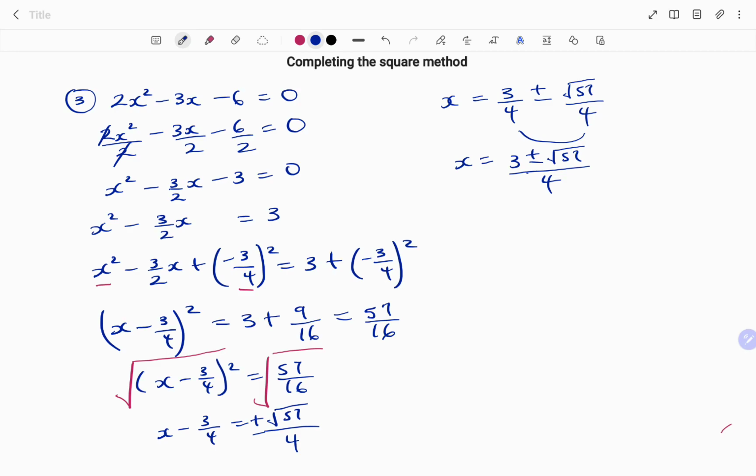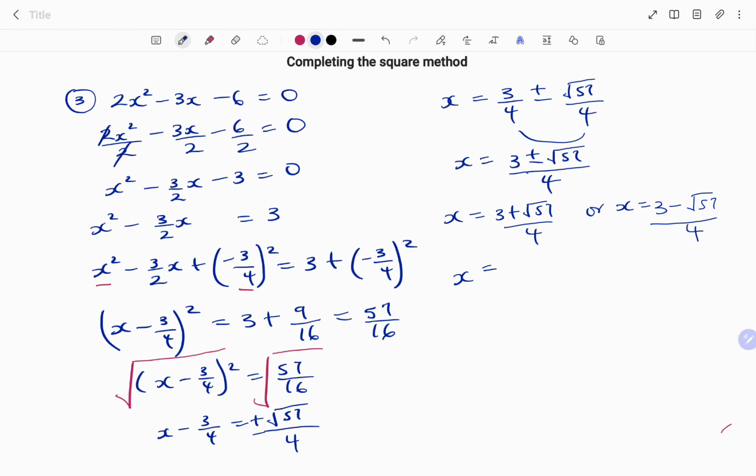If I want to leave it in surd form, I'm going to say x equals 3 plus root 57 over 4, or x equals 3 minus root 57 all over 4. That's leaving it in surd form. If I want to leave it as a decimal, to 2 decimal places, I'm going to have 3 plus square root of 57 over 4.